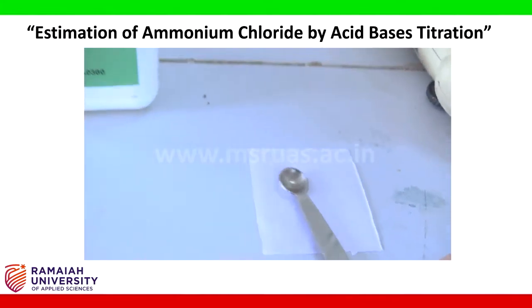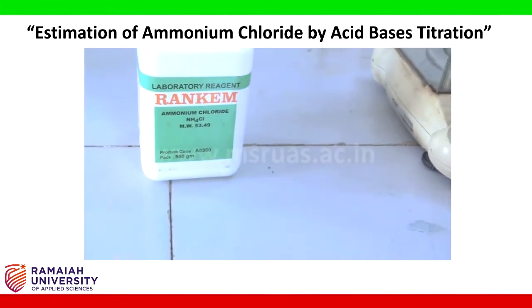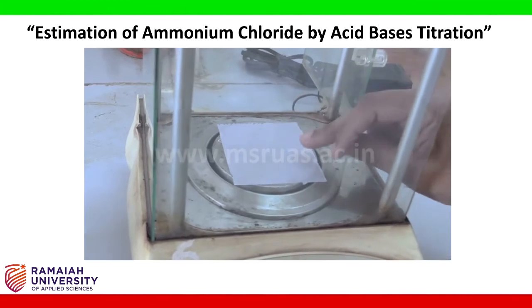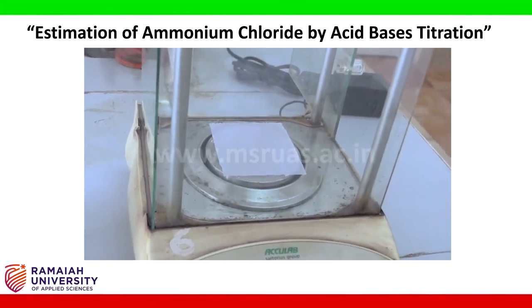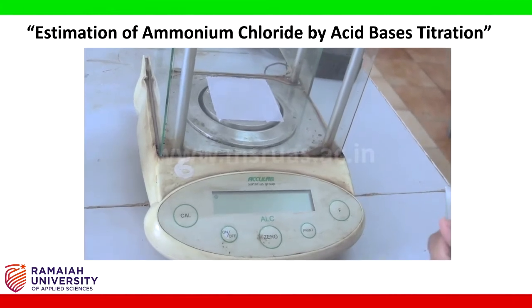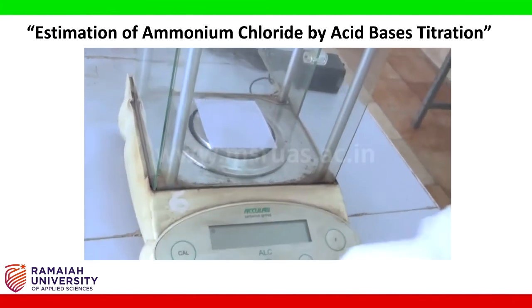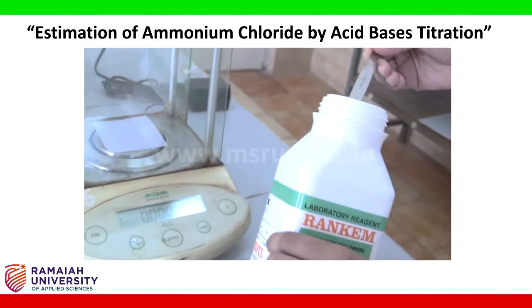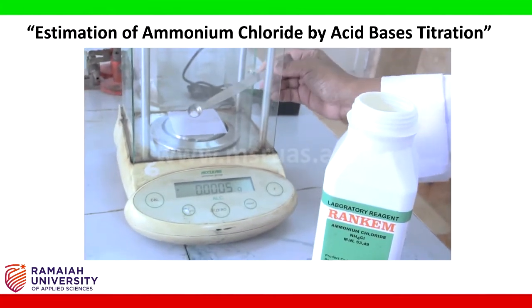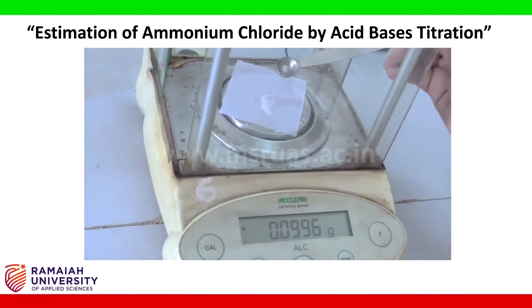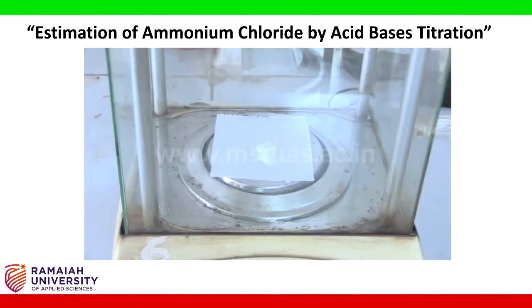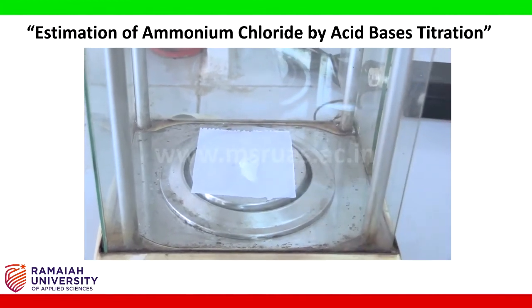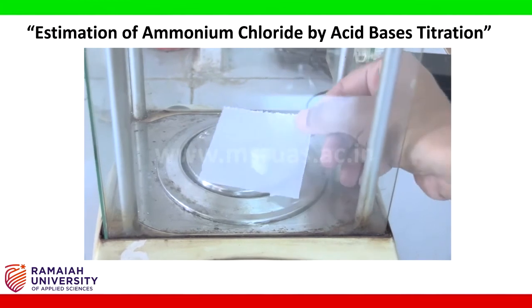First, we have to prepare the sample solution. So, weigh about 0.1 gram of ammonium chloride. Place the butter paper on the pan, make it to 0. After weighing 0.1 gram of ammonium chloride, transfer it to a dry conical flask.